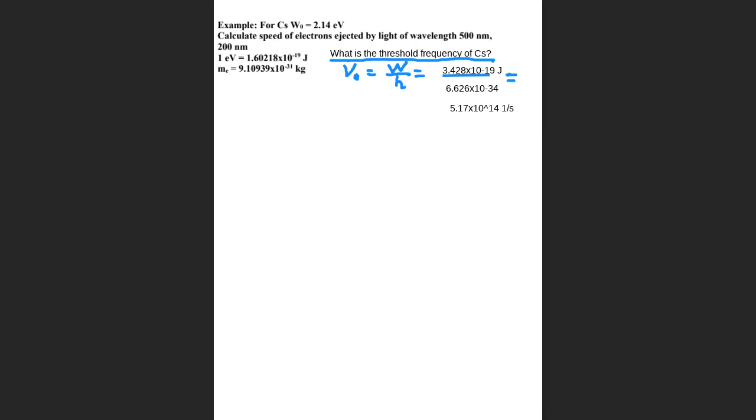Let me try a more qualitative question. Let's think about the other half of the problem. Will radiation of wavelength 500 nanometers cause the effect in cesium?